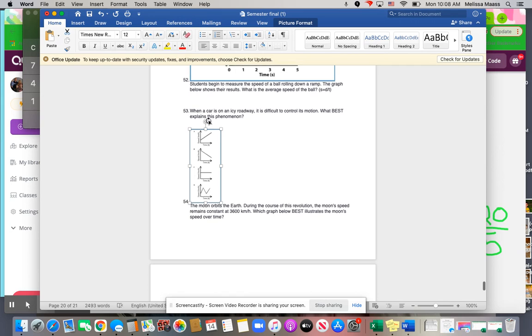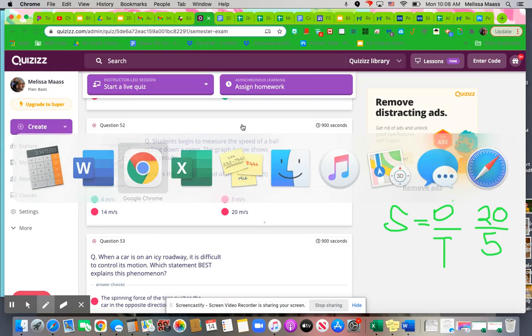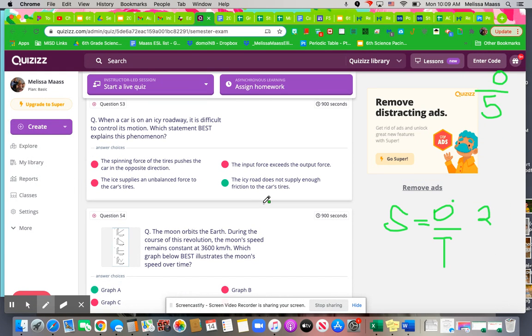Number 53, when a car is on an icy roadway, it is difficult to control its motion. What best explains this phenomenon? What do you guys think? What would explain the phenomenon of the car controlling its motion on an icy roadway? Well, really, it's friction.